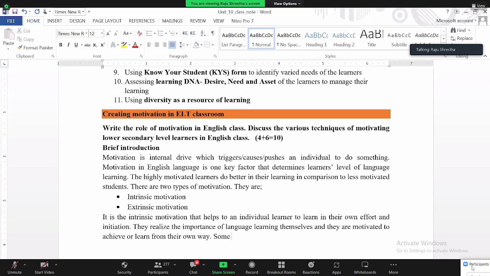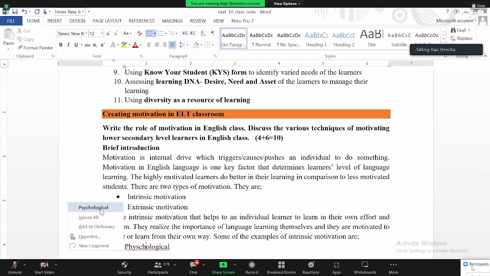So some of the examples of intrinsic motivation, again we can go in bullet, are psychological treatment.